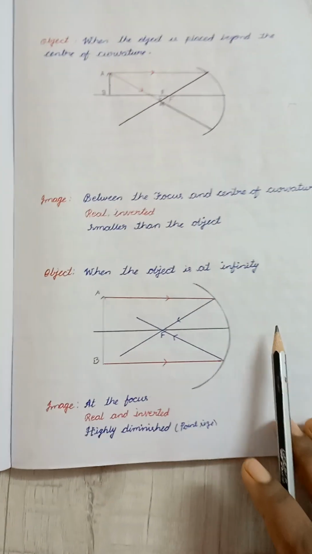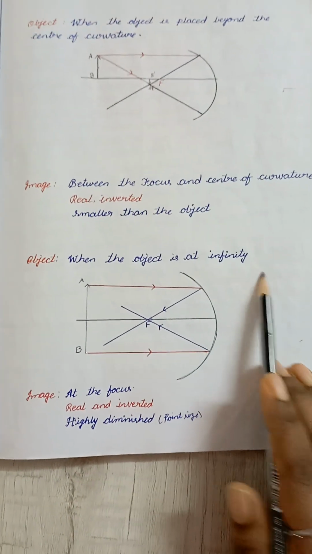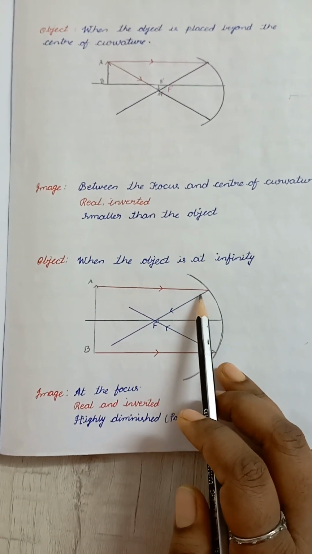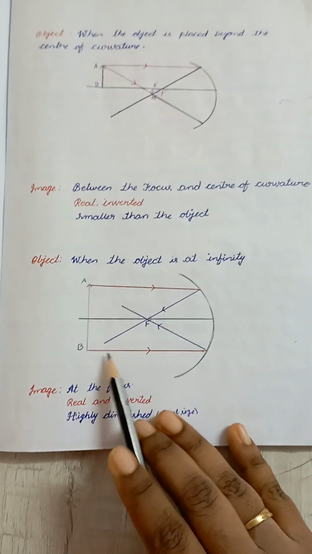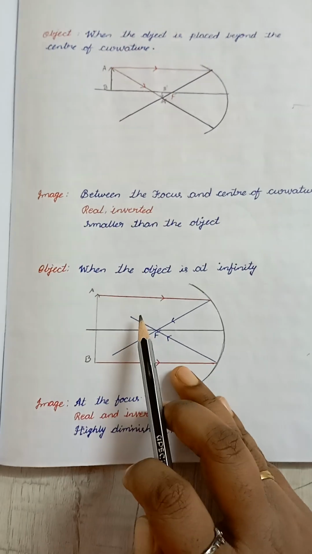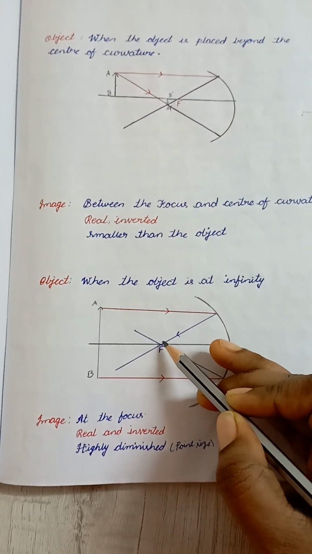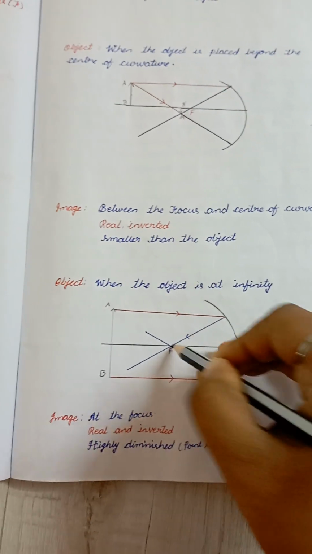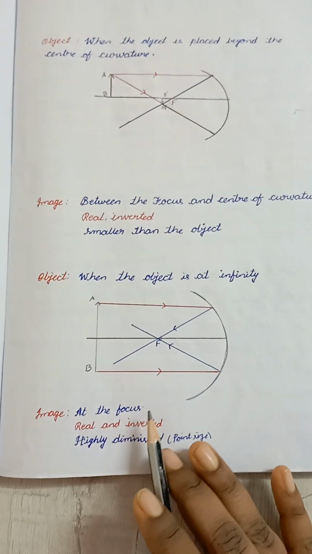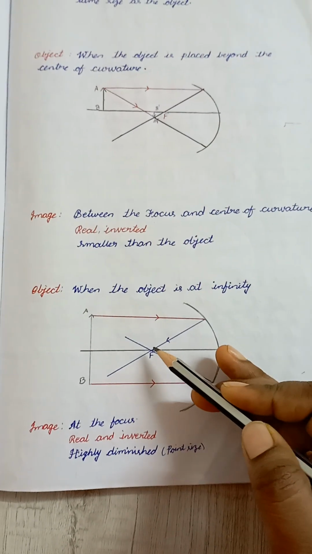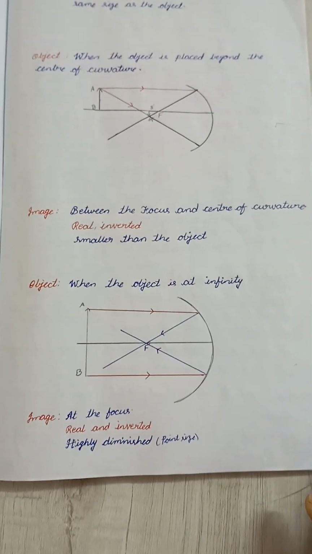Next, when the object is at infinity, one incident ray parallel to the principal axis passes through the focus. Then we will get the image at the focus and it is point size. Real and inverted image, but the size is point size and highly diminished.